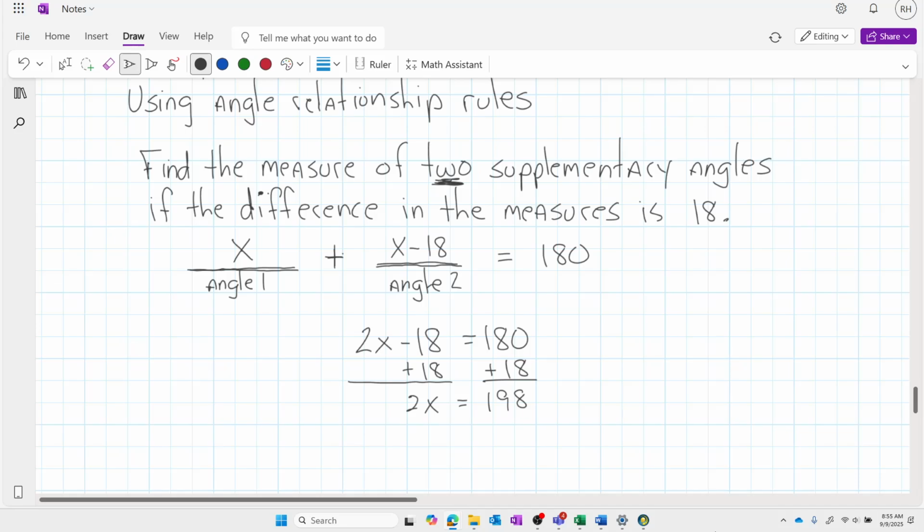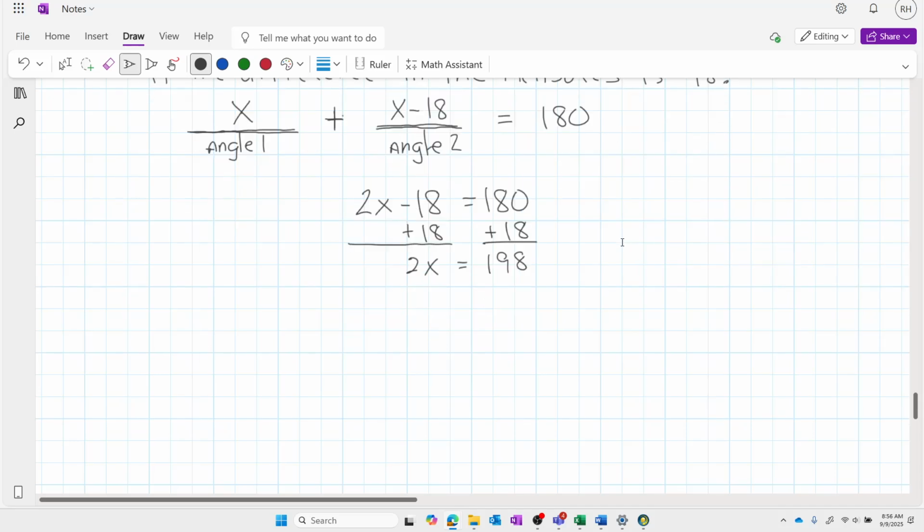And then divide both sides by 2. And x is equal to whatever 198 divided by 2 is. Is that 99? 99. So one of the angles, all right, we've got to list the two angles now. So we can say that angle 1 is equal to 99 degrees.